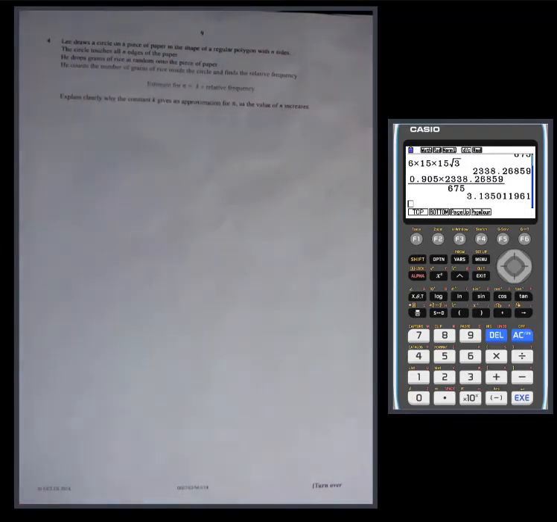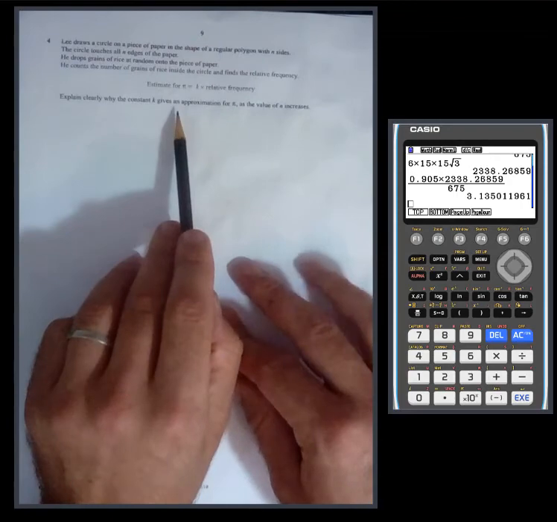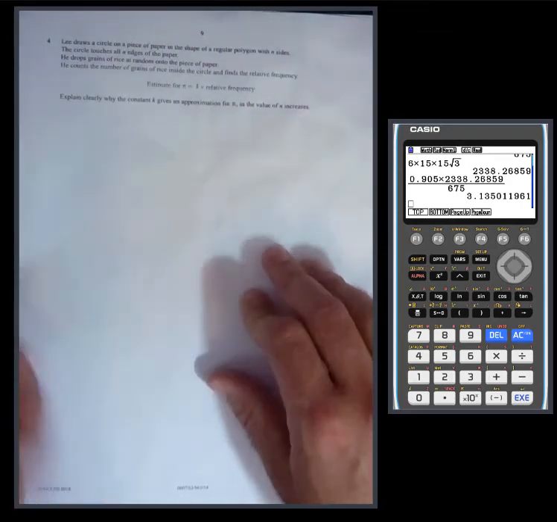It's the same as before. He drops grains of rice at random onto a piece of paper. He counts the number of grains of rice inside the circle and finds the relative frequency. Estimate for pi is k times relative frequency, as it always was. So explain why the constant k gives an approximation for pi as the value of n increases.